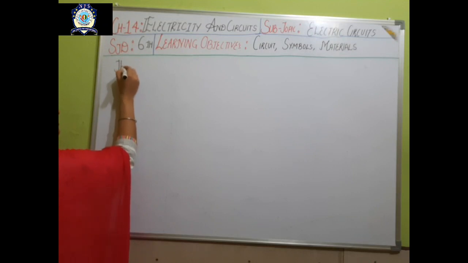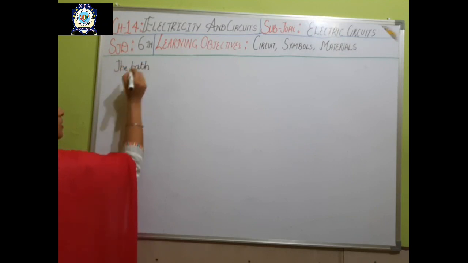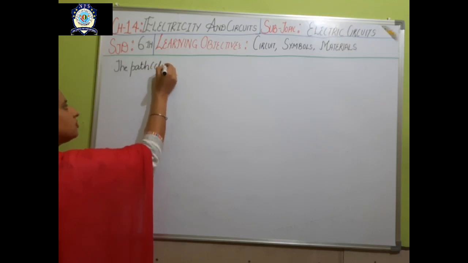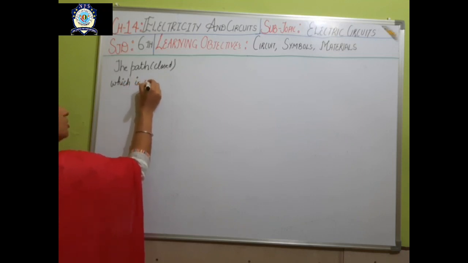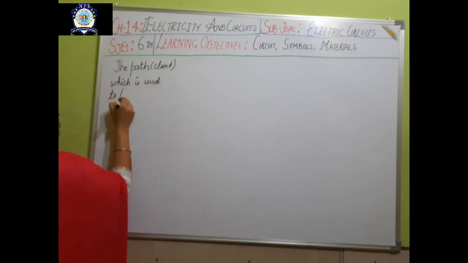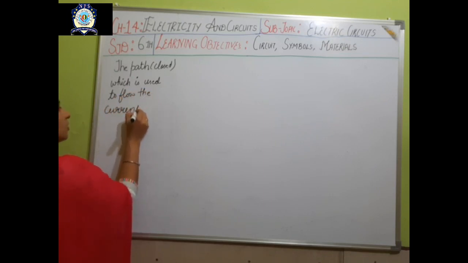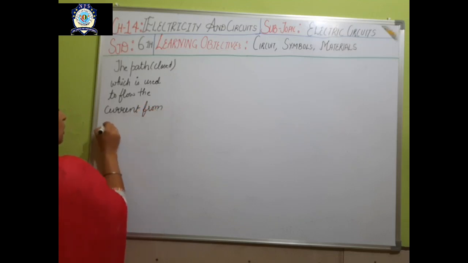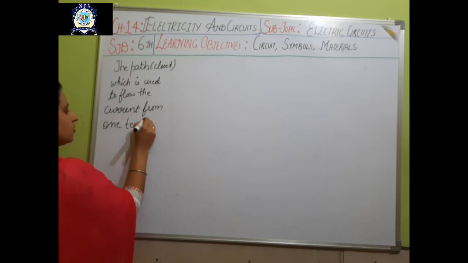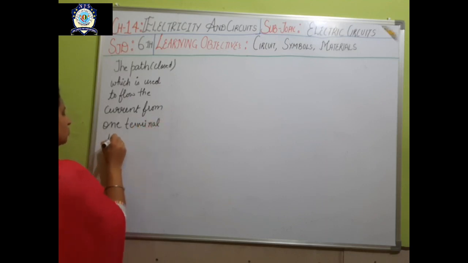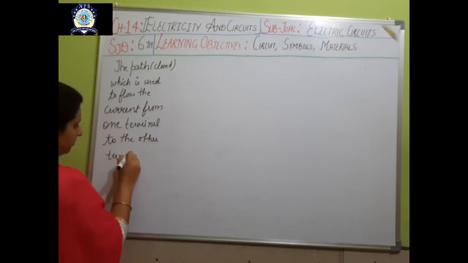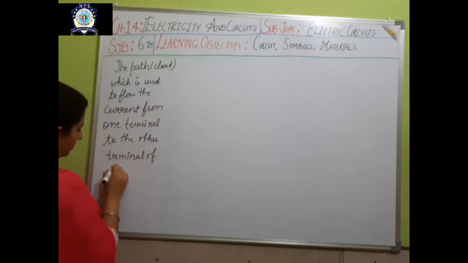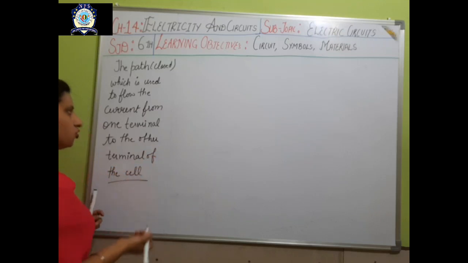It is the path, or you can say a closed path, which is used to flow the current from one terminal to the other terminal of the cell or source of energy.